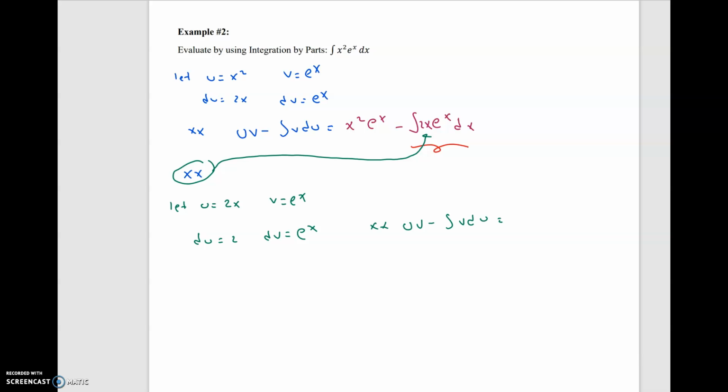Let me put here that we're going to be evaluating uv minus the integral of v du. So it is going to be 2x e to the x minus the integral of v, which in this case is e to the x, and then du, which is a 2.